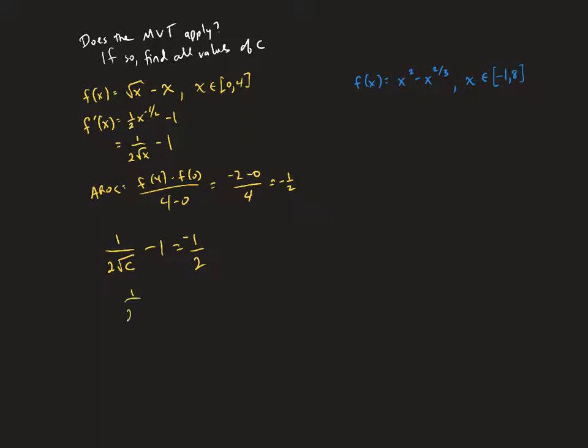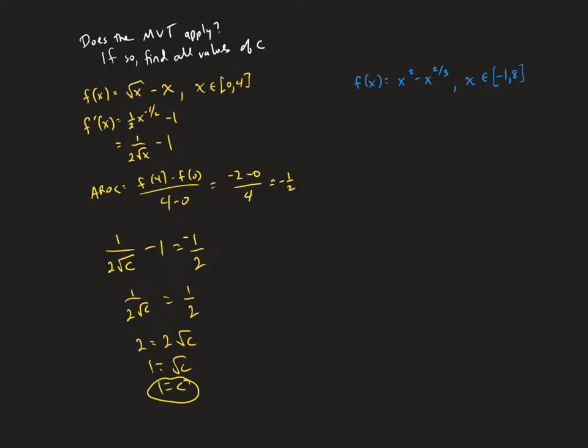So now, I'm just going to solve. 1 equals C. And then I ask myself, is 1 in the interval from 0 to 4? It sure is. So this is my value at which the IROC equals the AROC. It's the value that satisfies the mean value theorem.